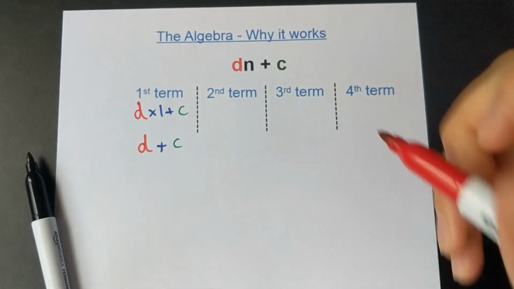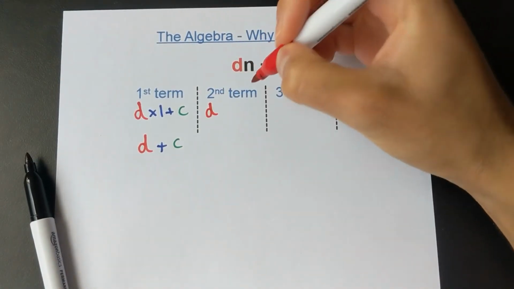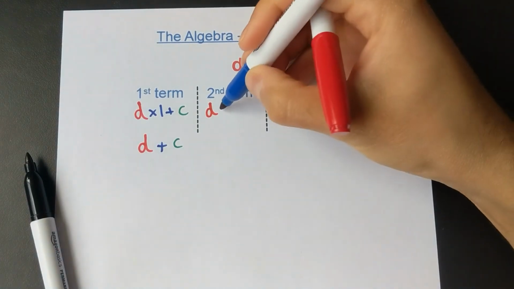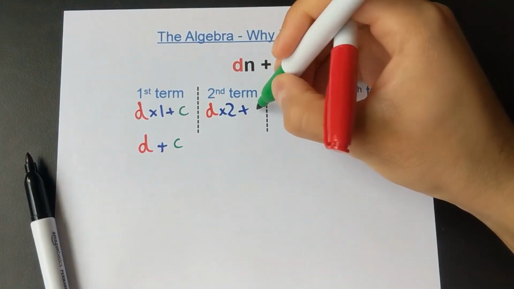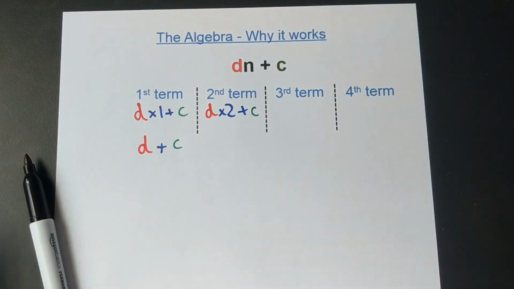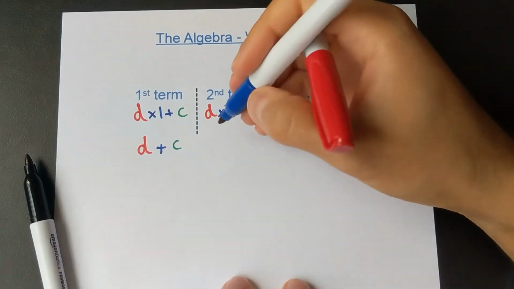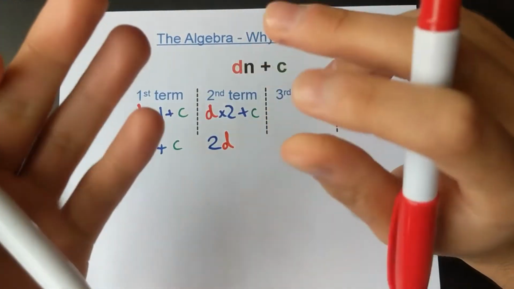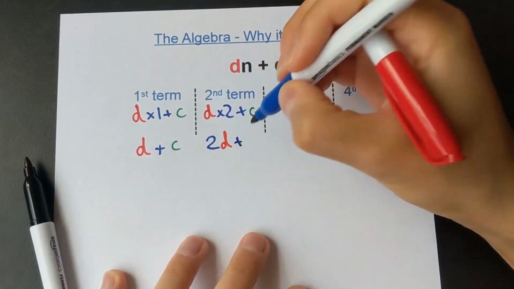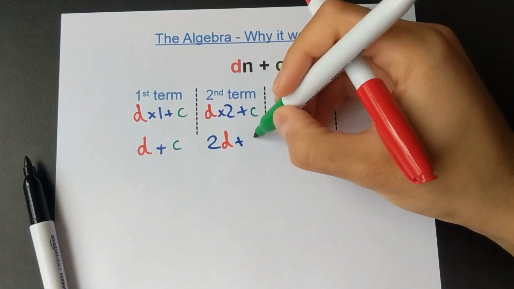Next, the second term, that's going to be d times by 2 for the second term, and then still adding c on the end. Now, d times by 2, remember we don't write the times symbol, we write the number first. That is just going to be 2d plus c.